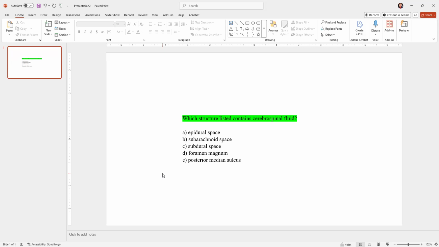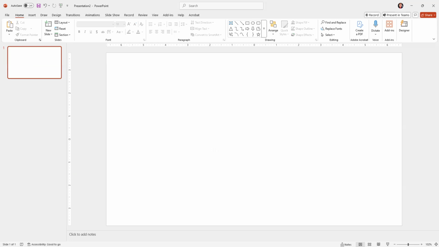So again, your CSF cannot be in your subdural space either, because one has it and the other doesn't. So epidural and subdural are out. There is no space between the pia mater and the brain because the pia mater is tightly adherent to the outer surface of the brain, right? So the only one that's left is your subarachnoid space, right? Yep. That's the space that is consistent between the cranial cavity and the spinal canal.